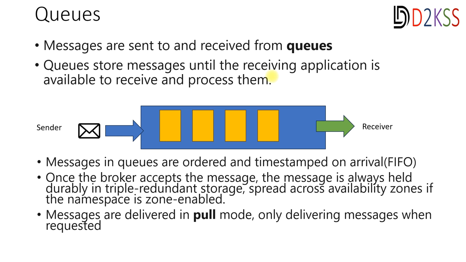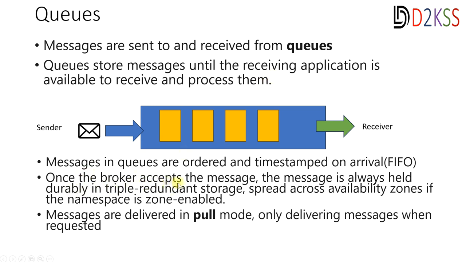But remember that in a queue, whatever message comes in first will be served first. Meaning that all the messages will be stored in order on a timestamp basis, and will be delivered to the receiver in the same order.